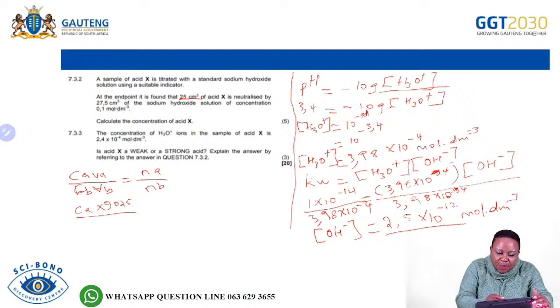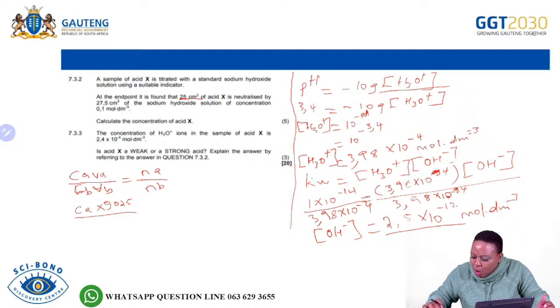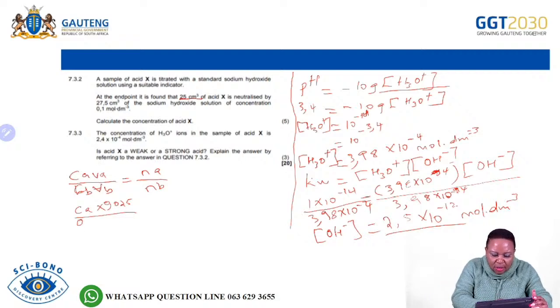The base was 27,5, which we're going to divide by 1,000 also. Let me just start with the concentration. The concentration was provided as 0,1 multiplied by 0,0275, which is equal to 1/1.